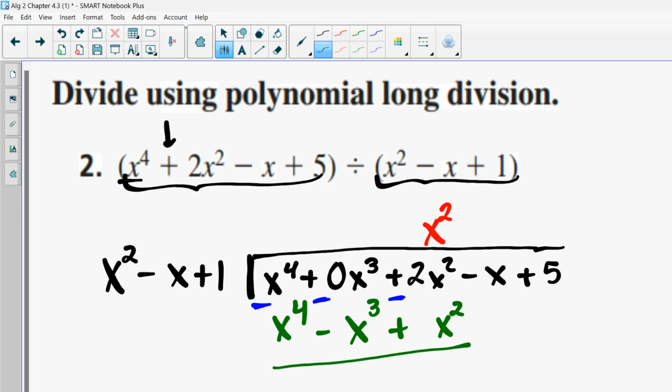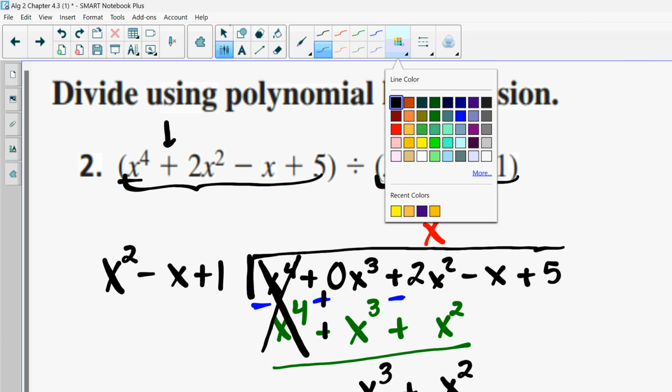The first one we're subtracting is x to the fourth minus x to the fourth, which is 0. 0x cubed minus negative x cubed: the negative and negative make a plus. 0 plus 1 is just 1, so we have 1x cubed. 2x squared minus x squared is going to be plus x squared.